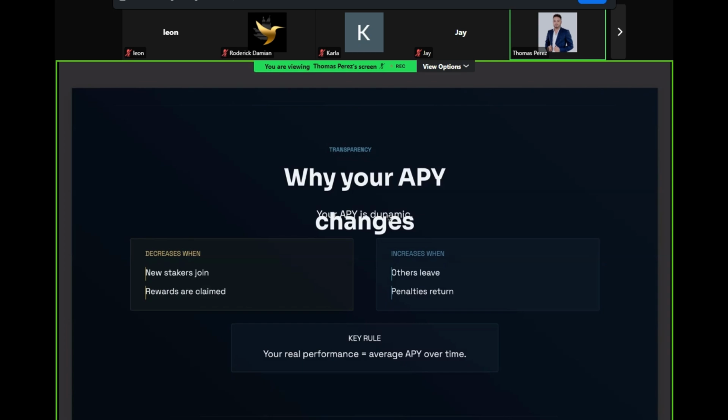Some new stakers will join, some rewards will be claimed, some others will leave, some penalties will return. So your APY, if you are staking from 15 days up to 365 days, remember the APY is dynamic. It will move up, move down, and it will follow the real activity inside the protocol, inside the SmartStake for oil token.